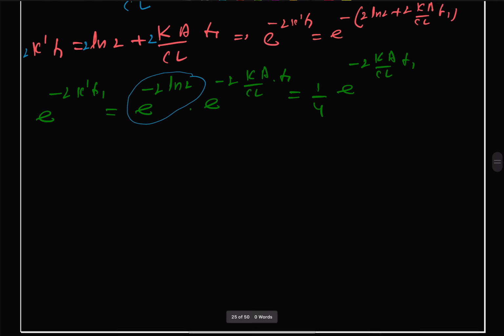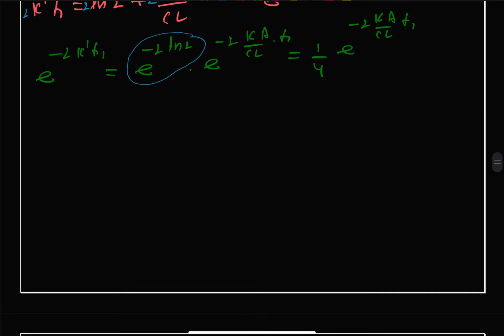So we get our T2 will be equal to 300 plus 50 multiplied by 1 by 4 e raised power minus 2 Ka upon Cl times T1.